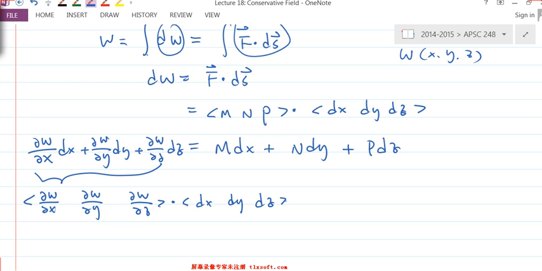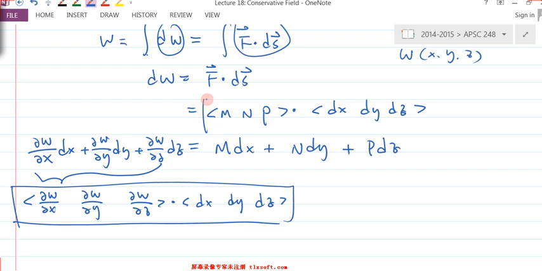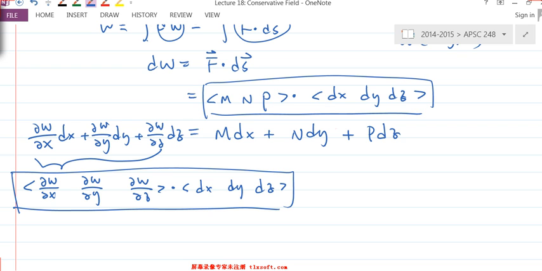Now I want you to compare this one with this one. Compare these two. What's the common one? This is the common one here, and this side equals this side. So what does that mean?